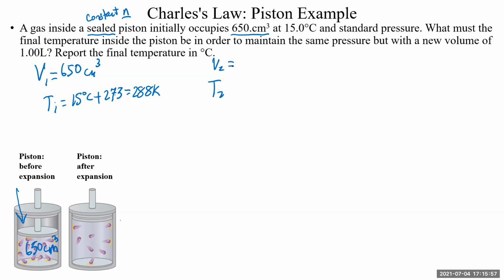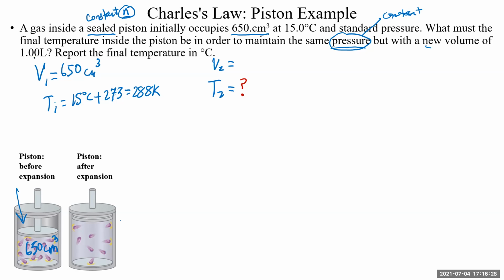What must the final temperature be? Okay, so it's asking what must be. So therefore, we don't know what the final temperature is going to be. I'm going to put a question mark for T2, our final temperature, inside the piston, in order to maintain the same pressure. So pressure is constant. That's good because we need to know that those conditions are not going to change in order to apply Charles's law.